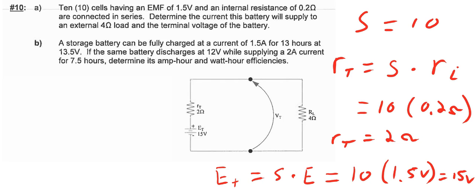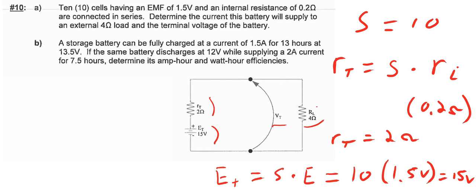And so now we can draw an equivalent circuit whereby we show the total internal EMF produced as 15 volts, the total internal resistance of the battery as 2 ohms, and we show that there is a 4 ohm load attached externally to the battery. VT then is the terminal voltage of the battery.